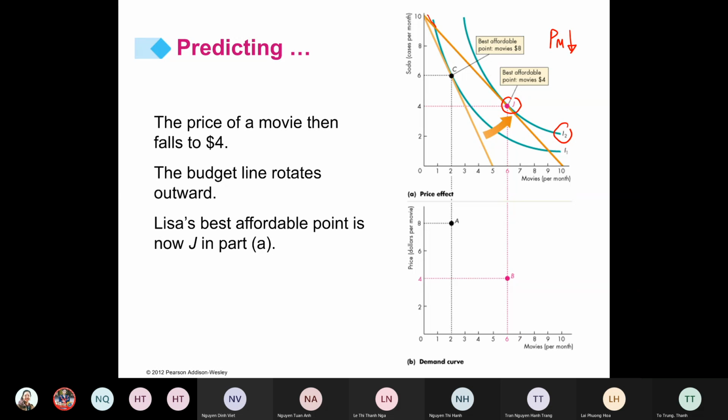At point J, the combination is different from before. Now Lisa buys 6 movies and 4 sodas, compared to 2 movies and 6 sodas previously.